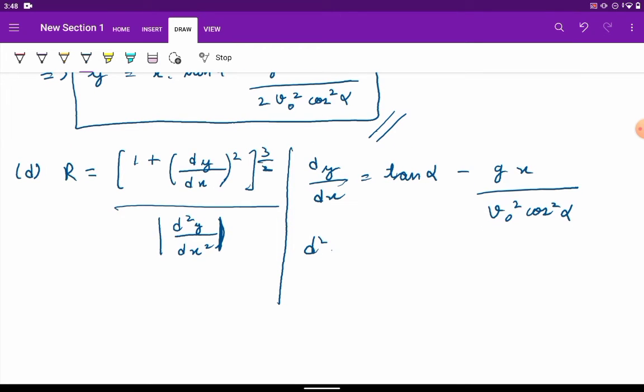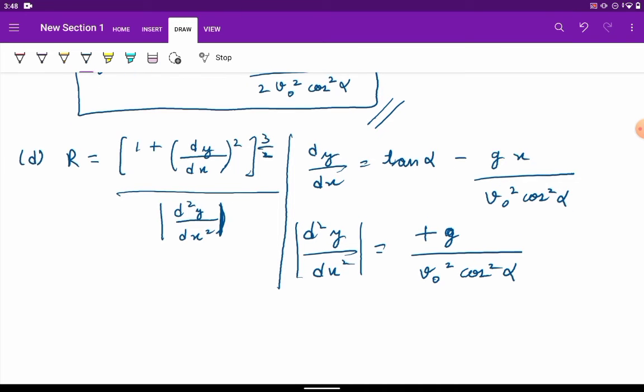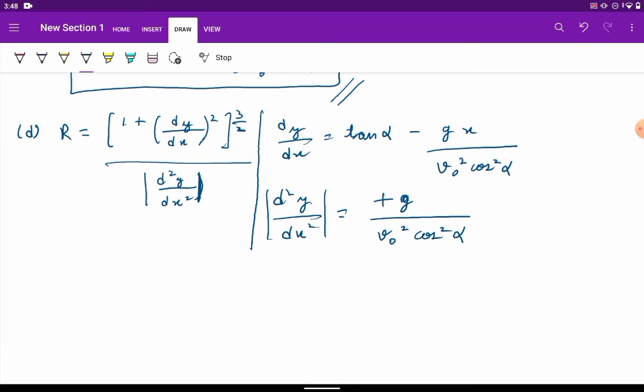And d2y by dx square: tan alpha is a constant, so differentiating again with respect to x, d2y by dx square is a constant, minus g by v naught square cos square alpha. If you take the mod of that, the minus sign becomes a plus.